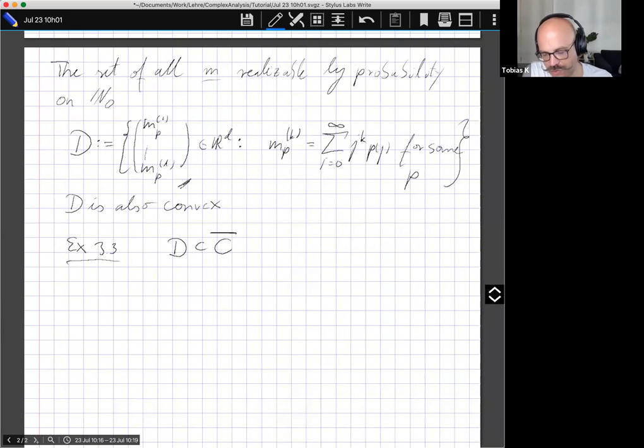I want to show, in some sense, the opposite. I want to identify the interior of C, interior in the sense of the topology of R^d.